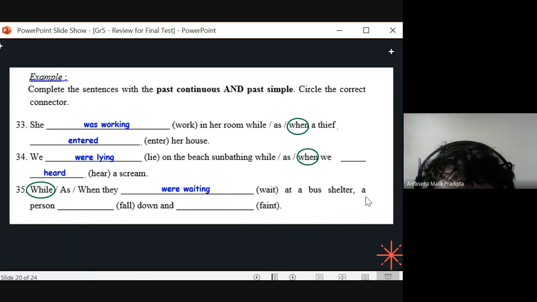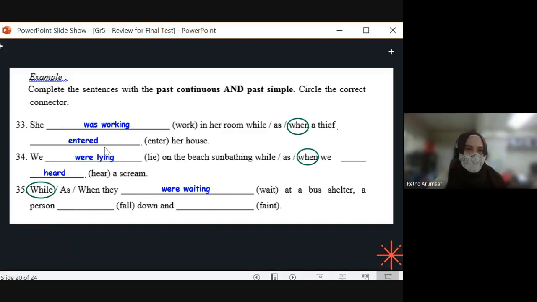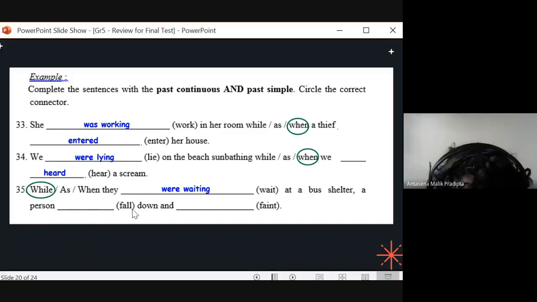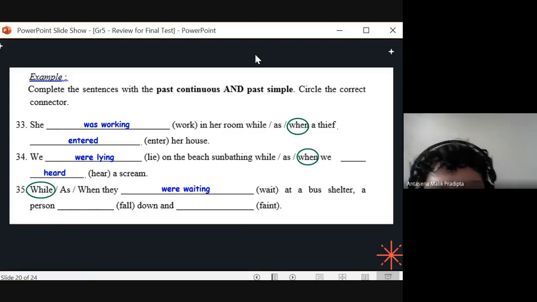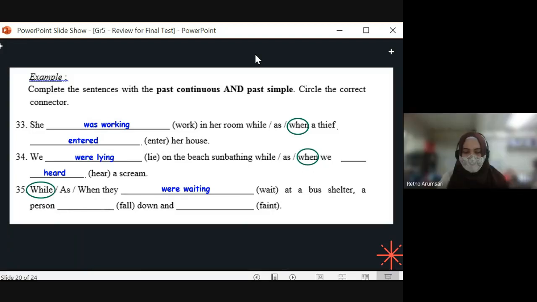At a bus shelter, and a person, look at this, fell down and faint. What is the verb of faint?